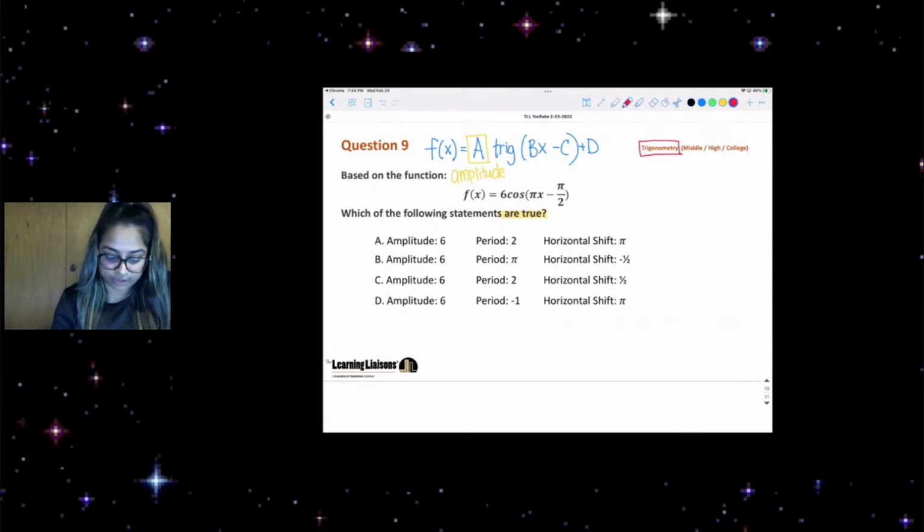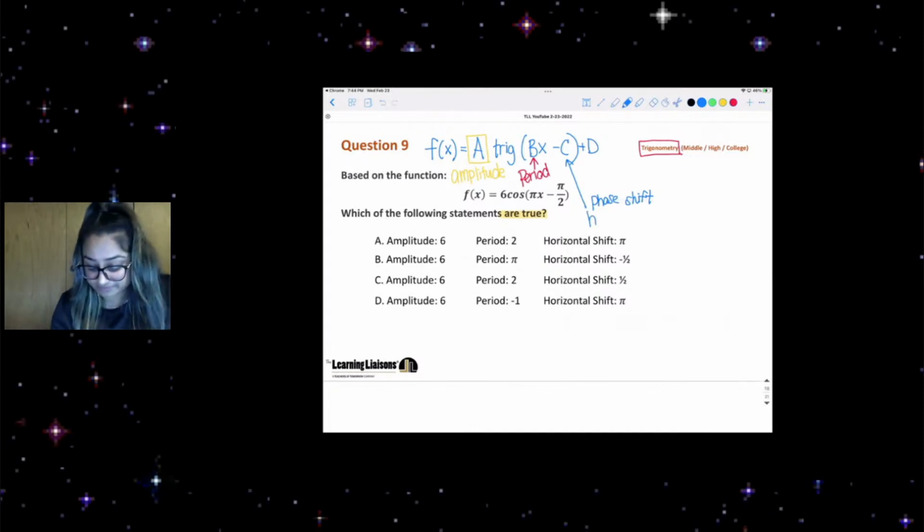Then you have your B, which is your period. Oops, I spelled that wrong. You then have C, which is your phase shift. Another word for phase shift is going to end up being your horizontal shift.